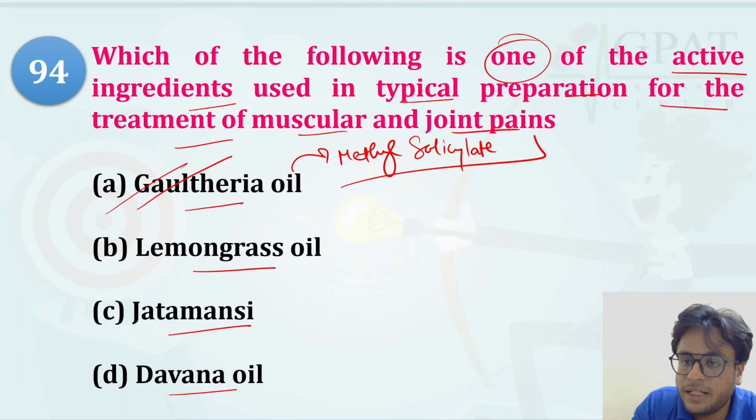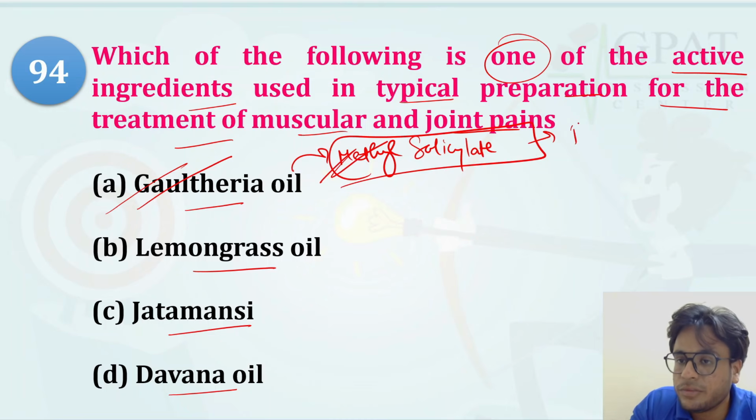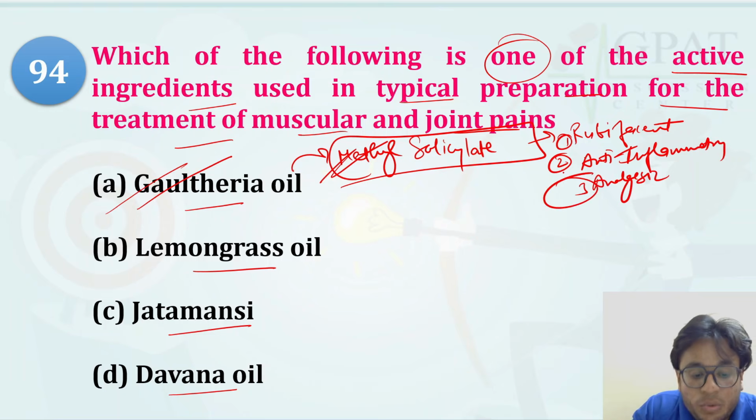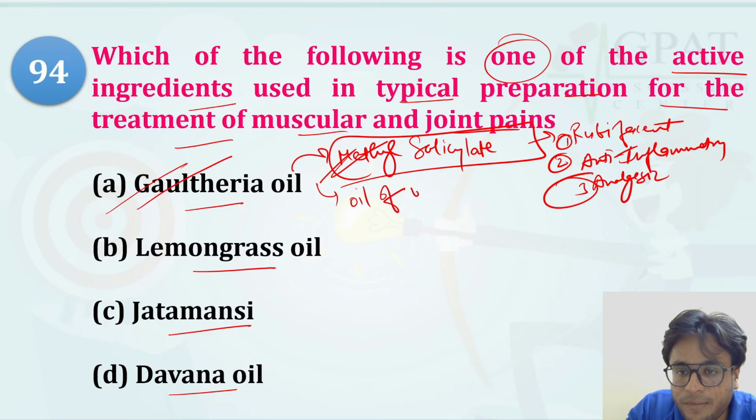Methyl salicylate is the compound mainly responsible for its rubefacient action, its anti-inflammatory property, and its analgesic property. And the gaultheria oil is also known as oil of wintergreen.